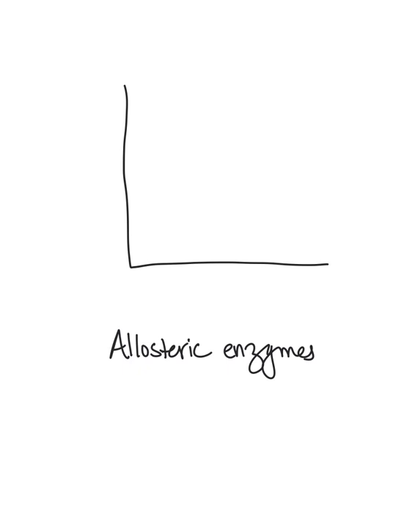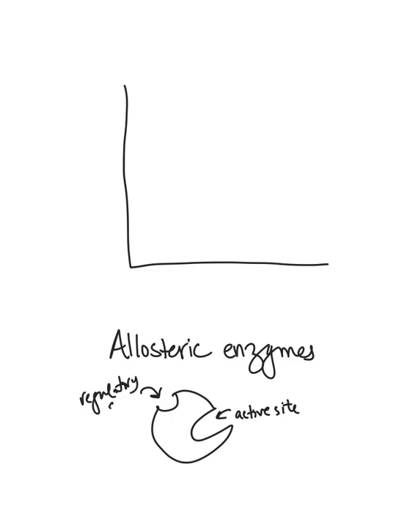And allosteric enzymes have the ability to get regulated by some modulator. So if this is the active site where the substrate would come in, there's a separate regulatory site. If you're a heterotropic modulator, then you'd work on this other site.